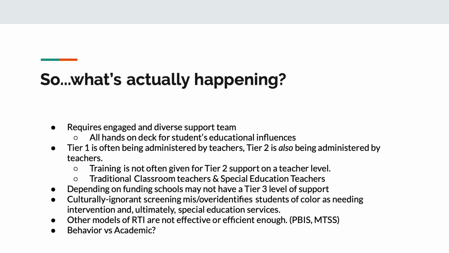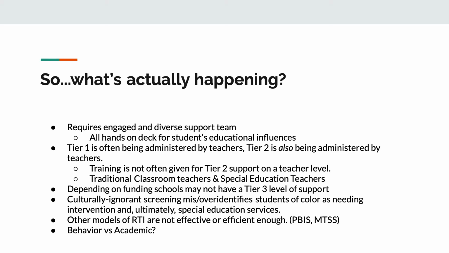And this happens typically in schools that don't have money for a Tier 3 level of support: you're either getting culturally ignorant screening that over-identifies students of color, or you have a school situation that doesn't identify problems at all because they don't have the funding to do it. So either students aren't getting identified, or too many students are getting identified that don't need to be identified.